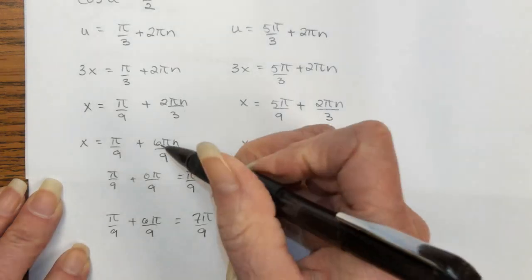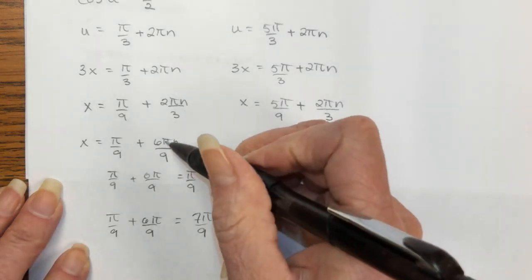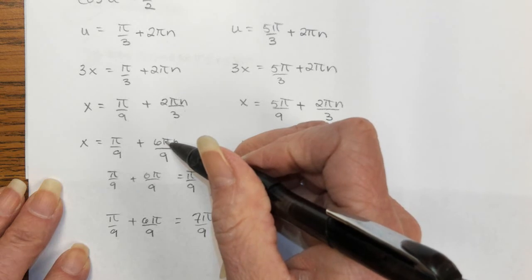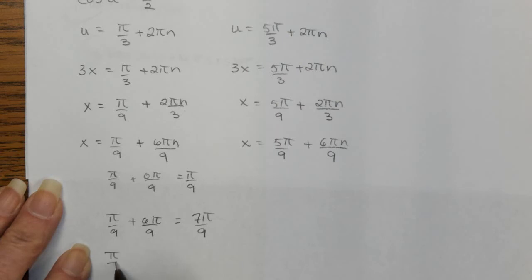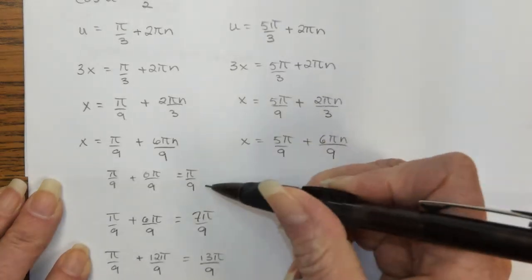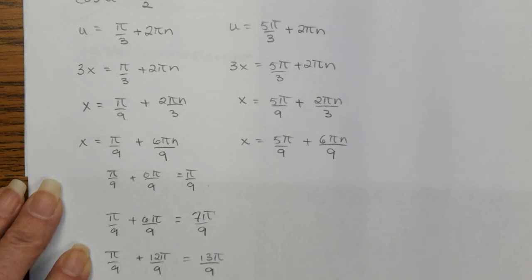Now, if I try to substitute a 2 here, actually that's still going to work. So I can do that. Pi over 9 plus 12 pi over 9 is going to give me 13 pi over 9. And that's 3 of my 6 solutions.